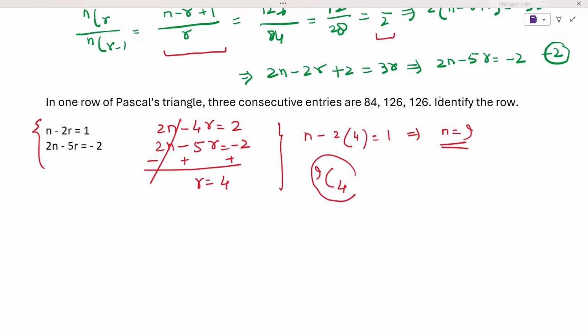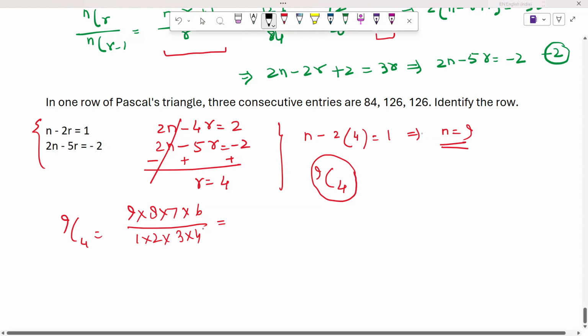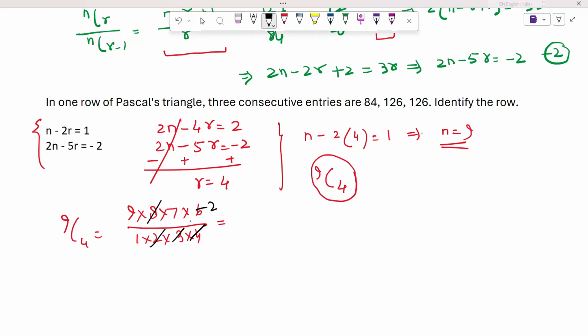Now as we presumed earlier in the question that nCr was the second entry in the three consecutive entries, we have 9C4 equal to 9 into 8 into 7 into 6 upon 1 into 2 into 3 into 4, correct? So 4 twos are 8 is cancelled out by this, and 3 twos are 6. So it is 9 into 7, 63, and 126, correct?